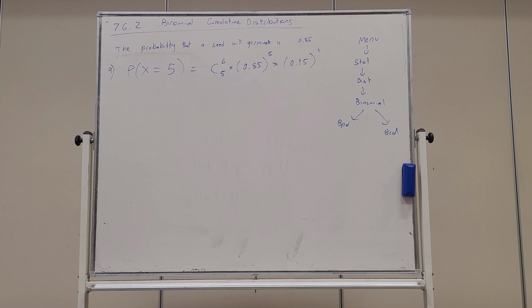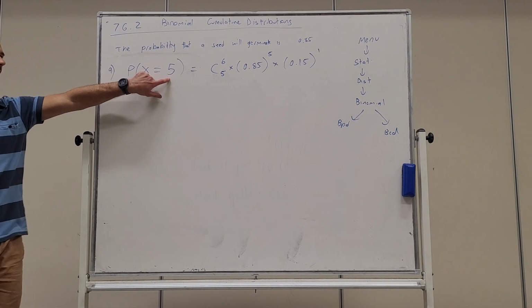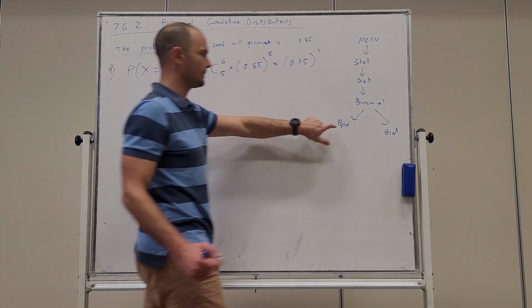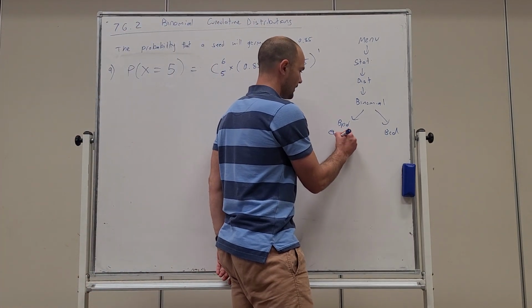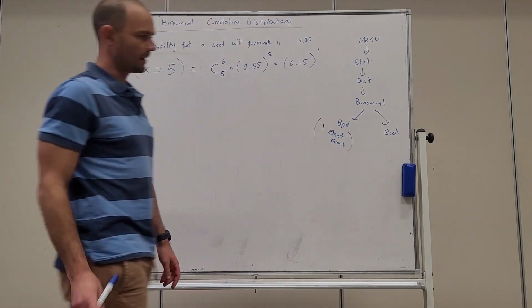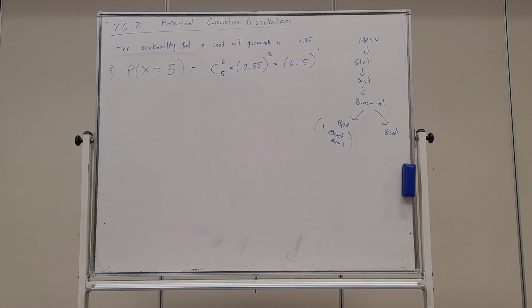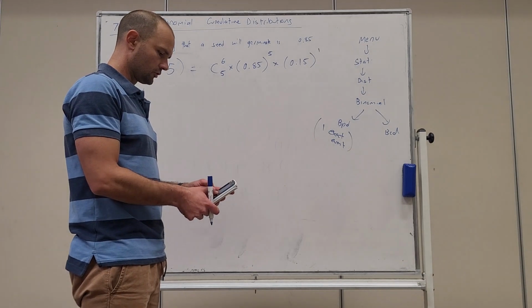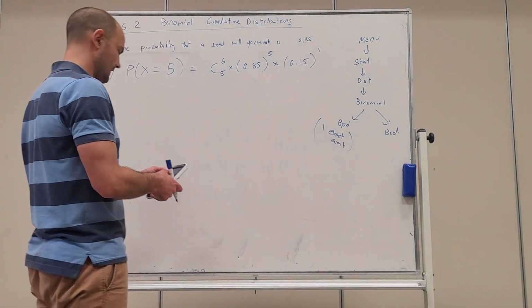Now, all we're going to start with is we look at this, it says x equals 5. So that means BPD, because it's an exact event. BPD is exact event, one exact event is BPD. So if we press that, it will bring up a number of options for you. So distribution, binomial, BPD.